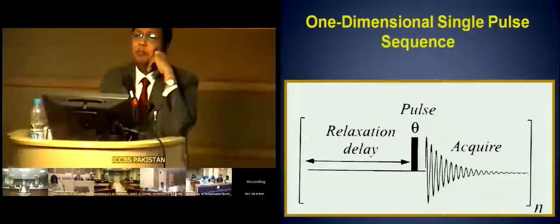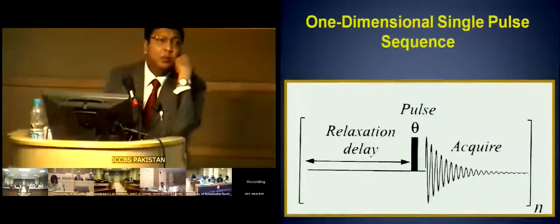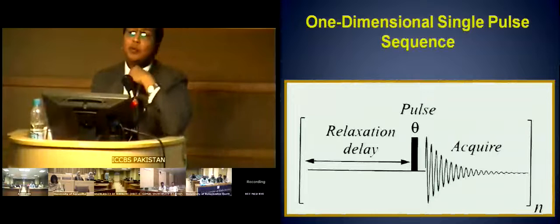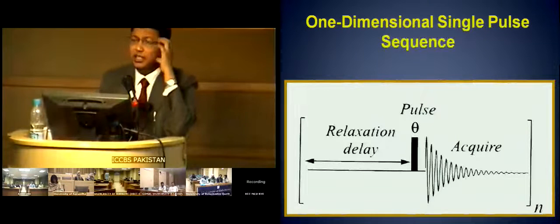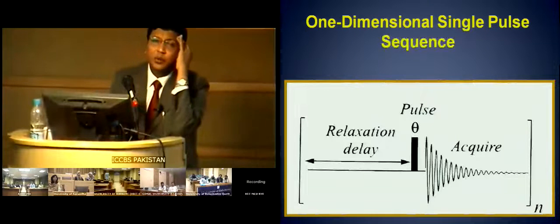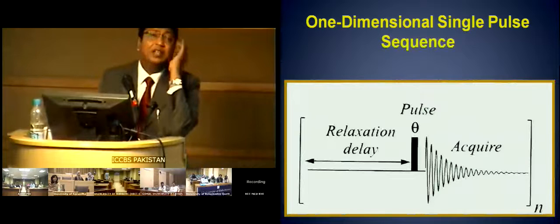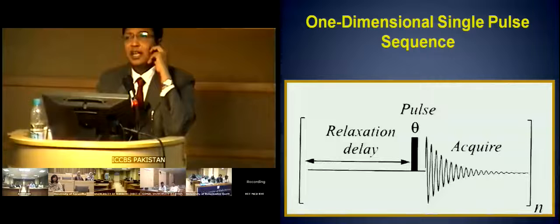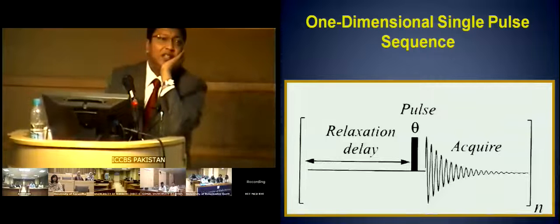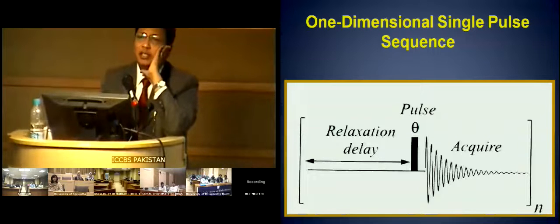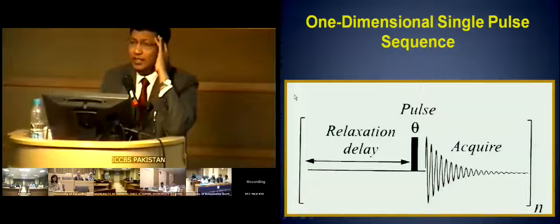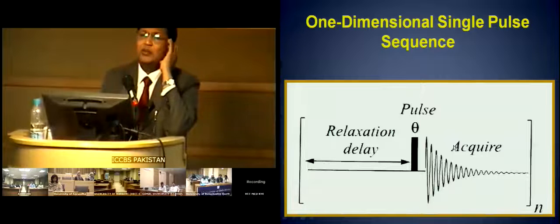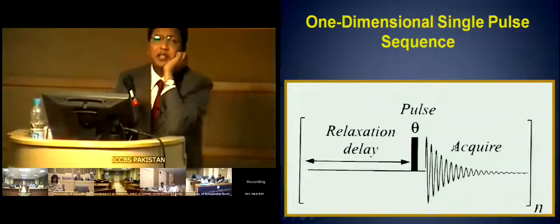You provide spin echo pulse to solve the problem of magnetic inhomogeneity. You can transfer the polarization by a 90Y pulse, right? SPI pulse. So there's not much in the theory of one-dimensional NMR spectrum.